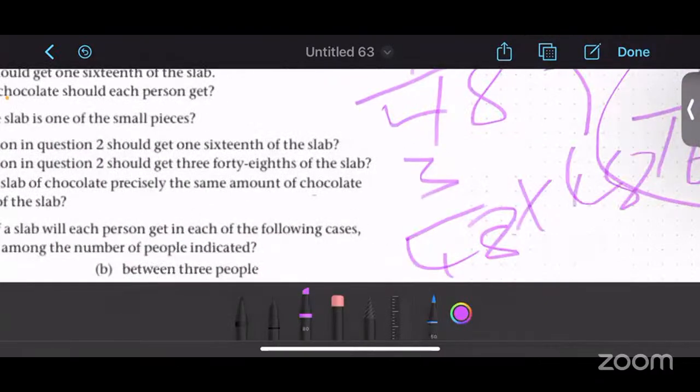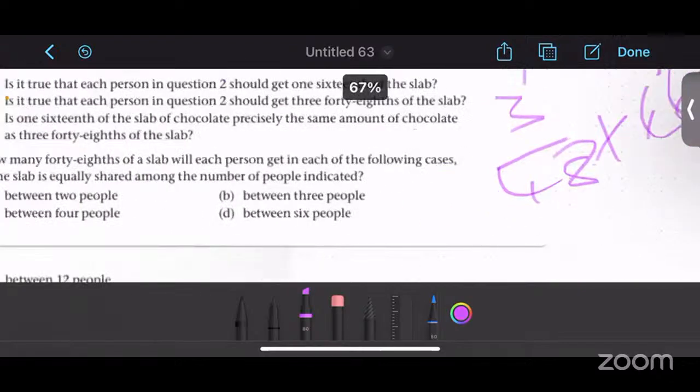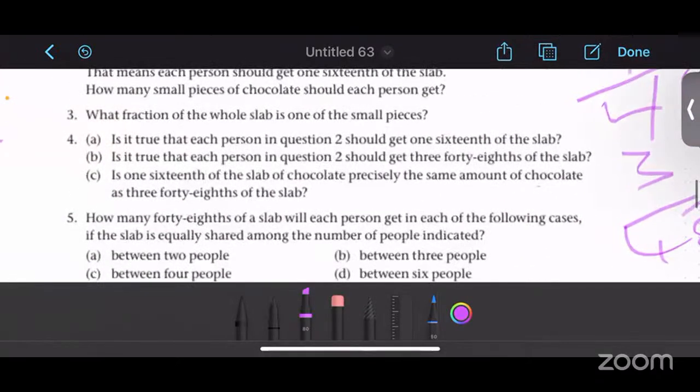If it doesn't give you 3, then it's not correct. But if it gives you 3, then it's correct. Ma'am, it gives me 3. And it is true.